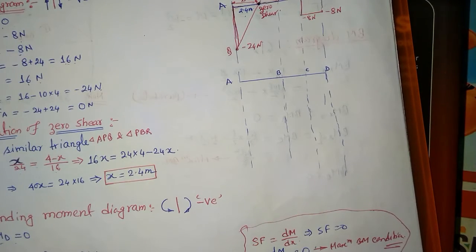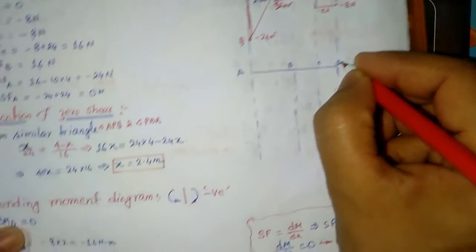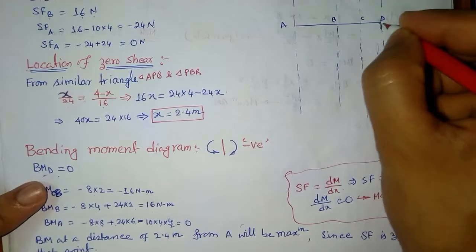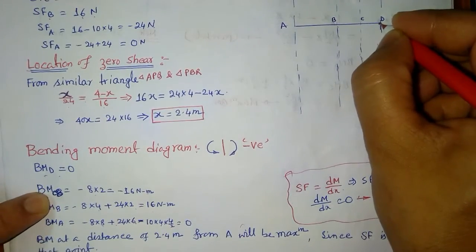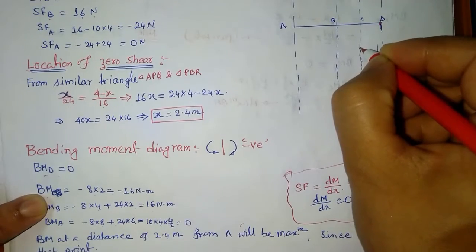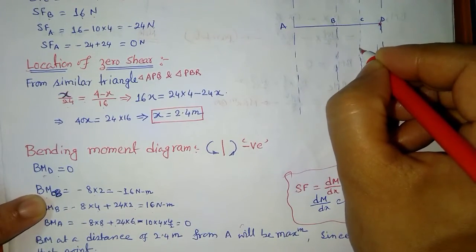So let's draw the bending moment diagram. At point D, if we see bending moment, we have 0. At point C, bending moment we have minus 16. So from 0 to minus 16 it's varying, and how will it vary, by a curve or a straight line.